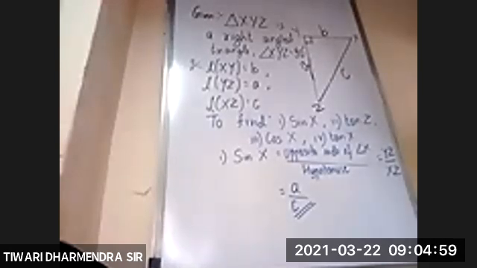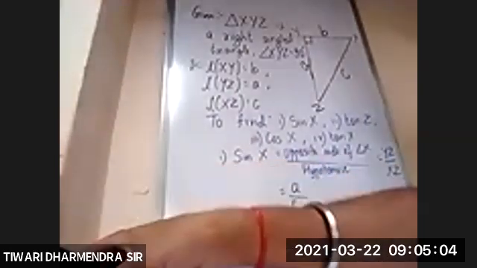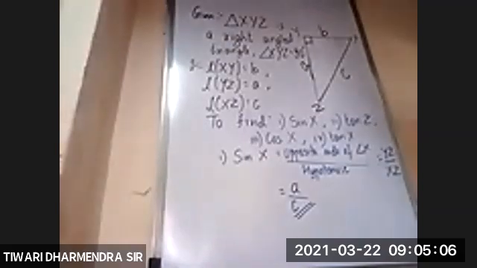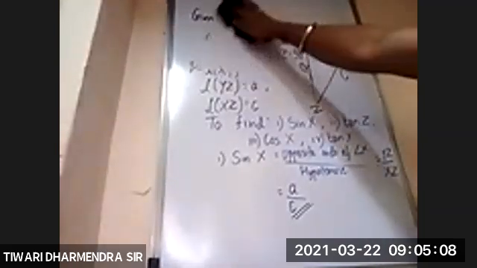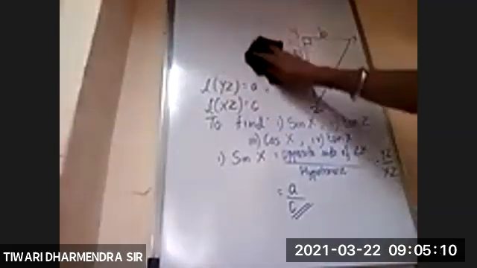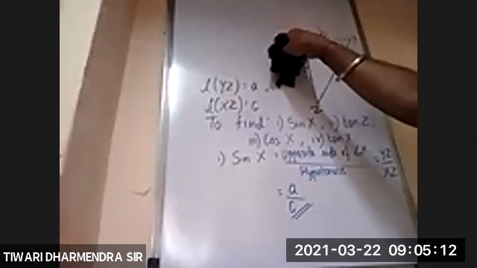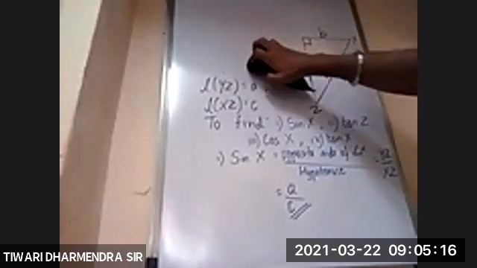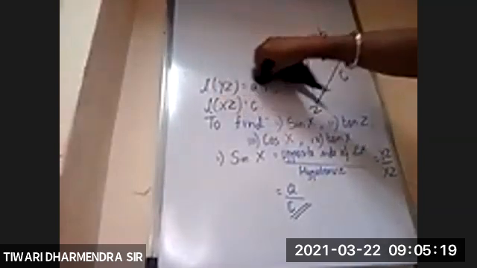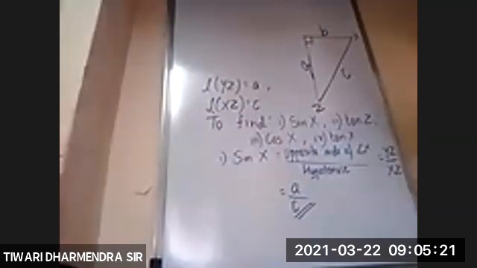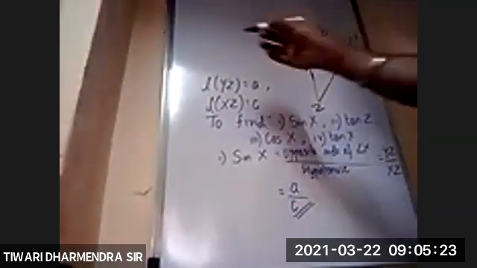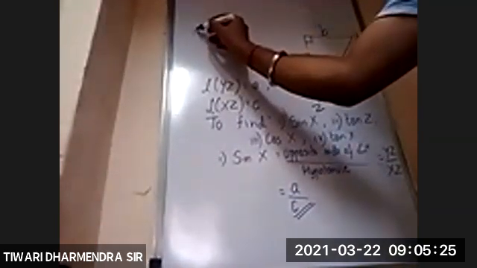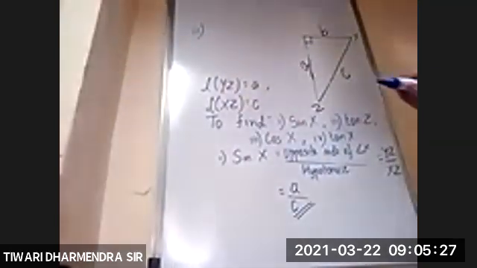Now we will move to solve the second trigonometric ratio, that is tan of z.